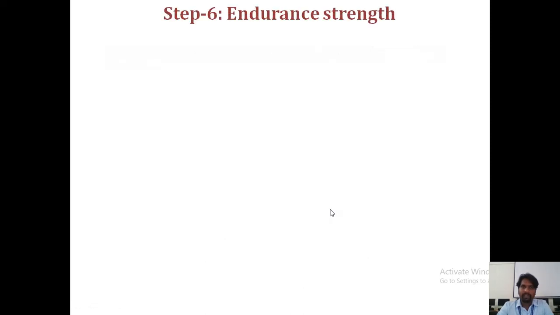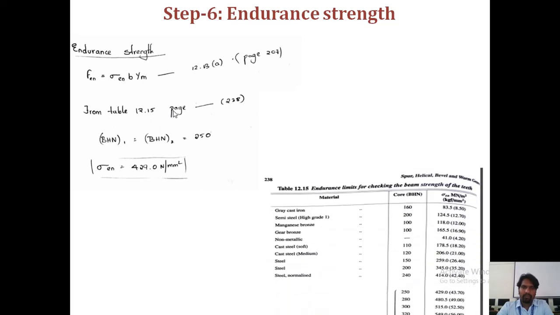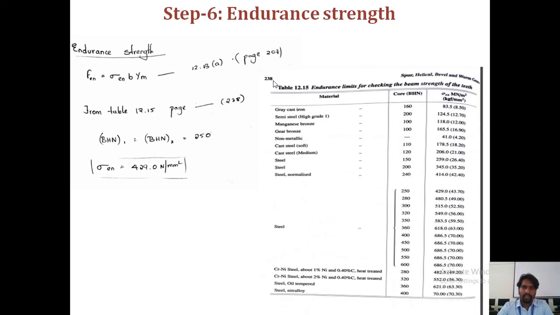The next step, step 6, is endurance strength. The endurance strength is given by F endurance equal to sigma endurance B Y m, that is equation 12.3a, page number 207. The sigma endurance is also not given in the problem, so we go to page number 238, table 12.15, with BHN. The material is the same, steel and steel.